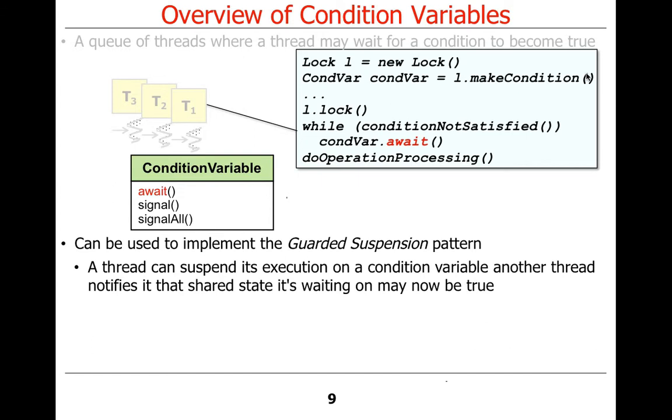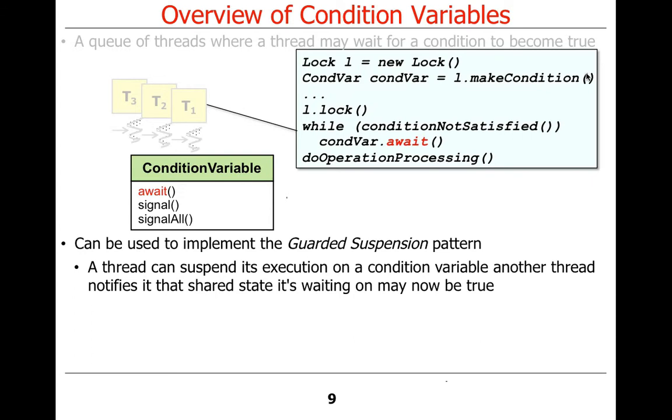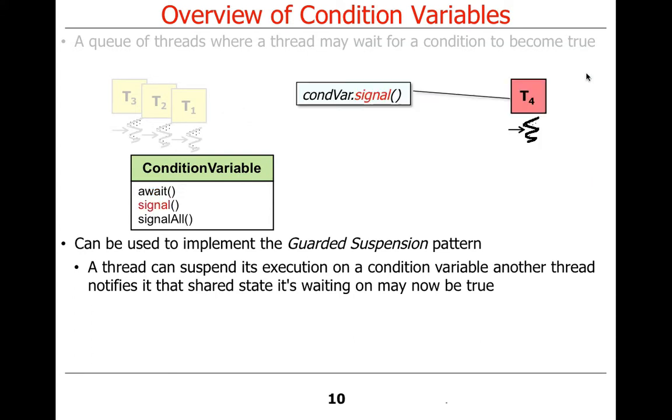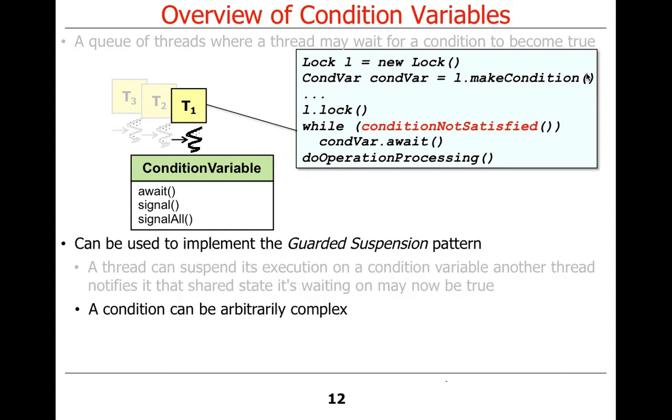It might be true, maybe it's not true. We'll come back to that in a second. You're waiting until the condition becomes true, and the condition becomes true when some other thread makes a change to that mutable state and signals the condition variable, which will then cause this thread to wake up again. Now it can go ahead and check the condition, and assuming the condition is satisfied, it can make progress.